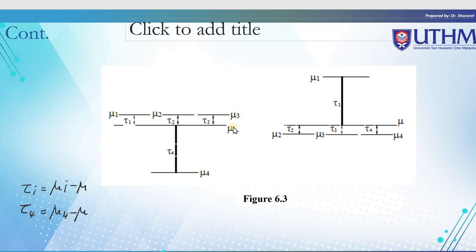So if we do mu 4 minus mu, we will get a negative number. That means tau 4 is a negative number, so it gives a negative effect on the overall mean. Okay, and this one is positive because this mean 1 is greater than mu, which means it gives a positive effect on the overall mean.